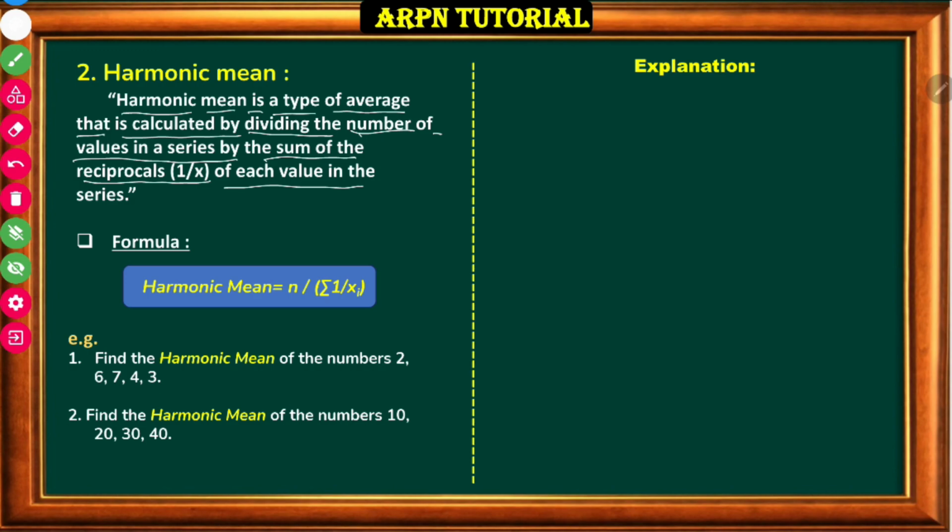For example, if I have values like 1, 2, 3 and I have to find the harmonic mean, I have to add the reciprocals of these, that means 1 upon each value, and divide by the total number of values, n. This is the formula for harmonic mean.